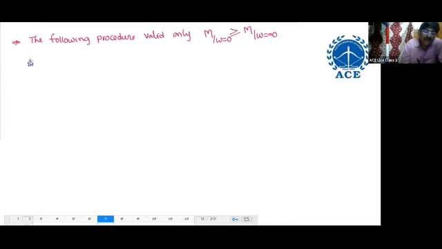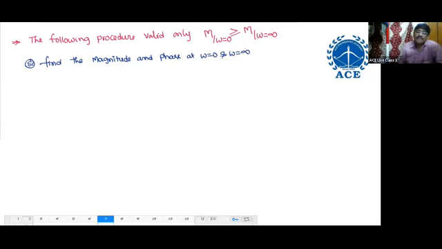Step 1: find the magnitude and phase at omega equal to 0 and at omega equal to infinity.